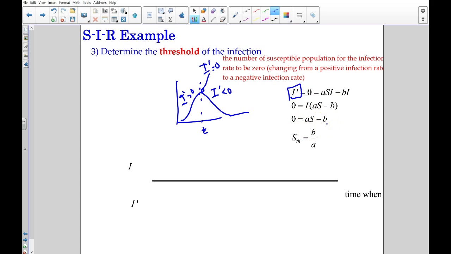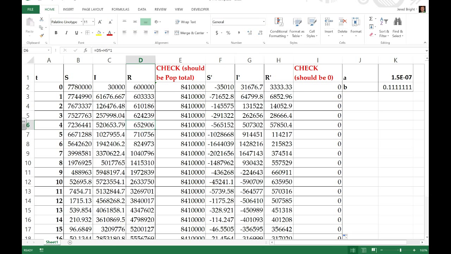So we're left with this part of the solution, and that leads to the threshold value for the susceptible population being B over A. Okay, and if I do that with my values, so again, B was 0.111, and A was 0.1234565, and this ends up being 740,740.